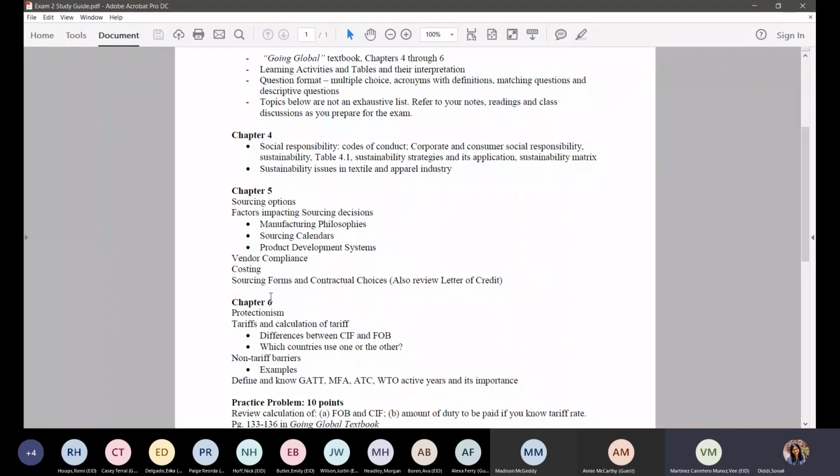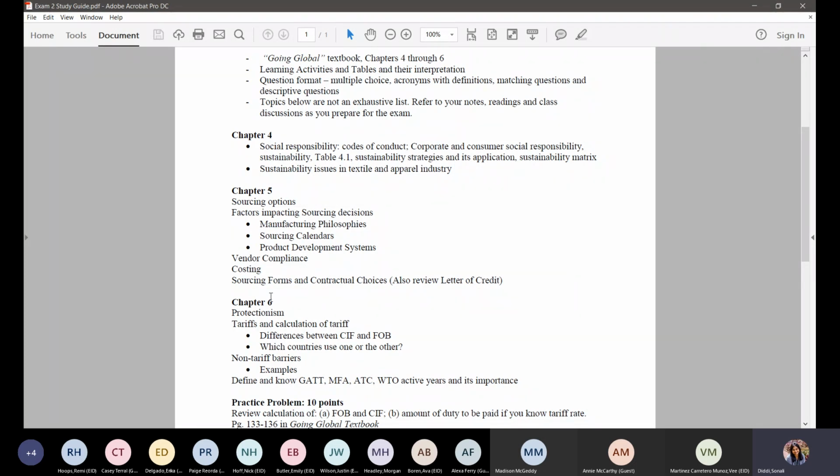Oh, I'm sorry. So on page number 144, you have GATT, MFA, WTO and ADC. And on page number 145, you have definitions of swing, carryover, carry forward. So kind of making sure that you go over those definitions and what they mean in the context of MFA.